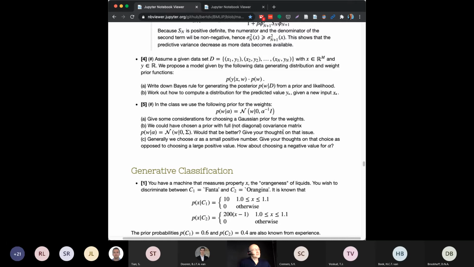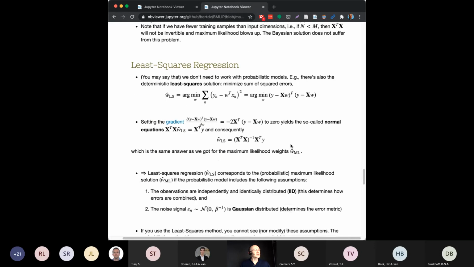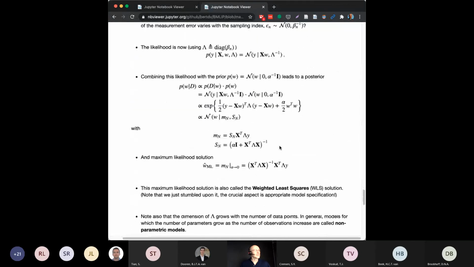If you had specific knowledge about that, yes, you could. As you see, if we go to the posterior, I think this is the posterior variance, right? Yes.